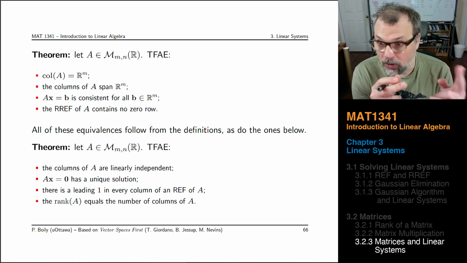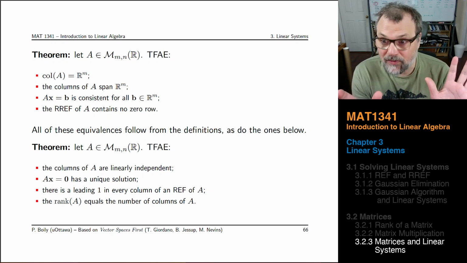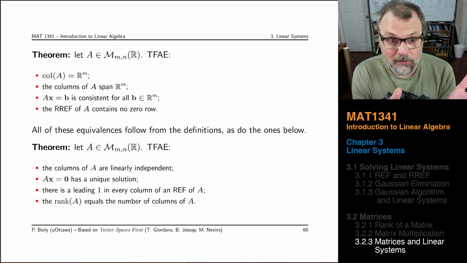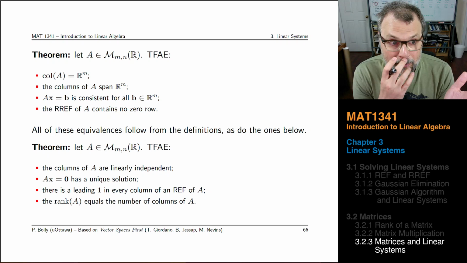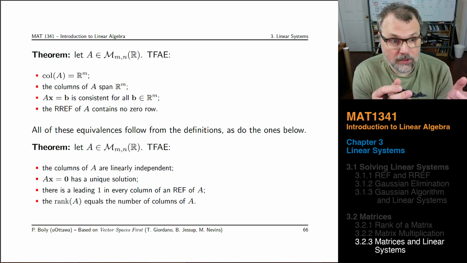So there's a leading one in every single row of A. Now, all of this is clear from the definition, but you should verify that you can indeed prove that this is the case. Here's another theorem that also talks about the columns of A.